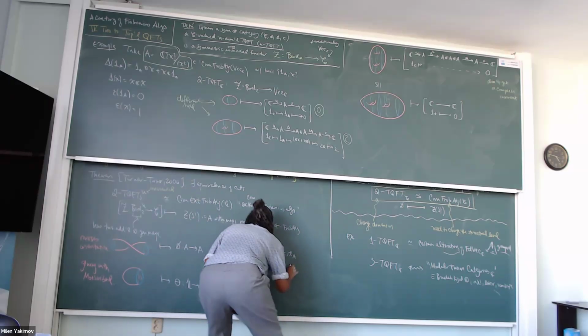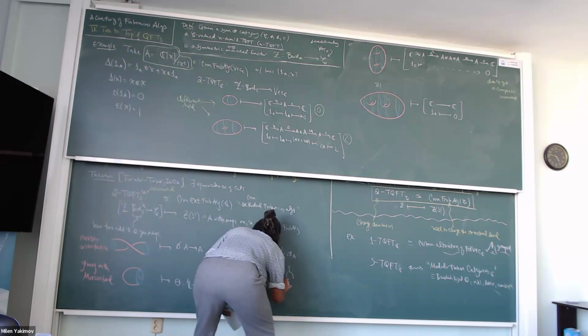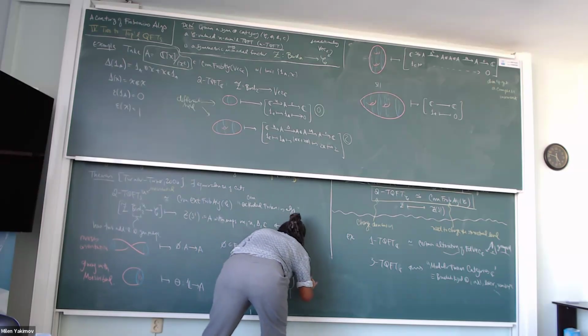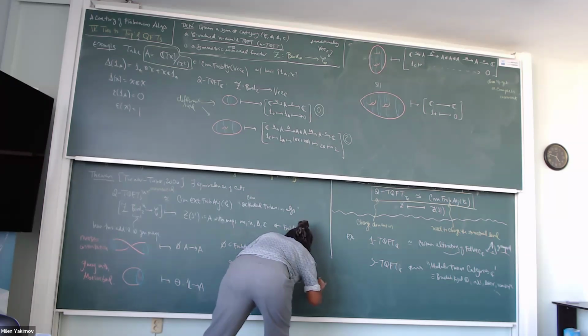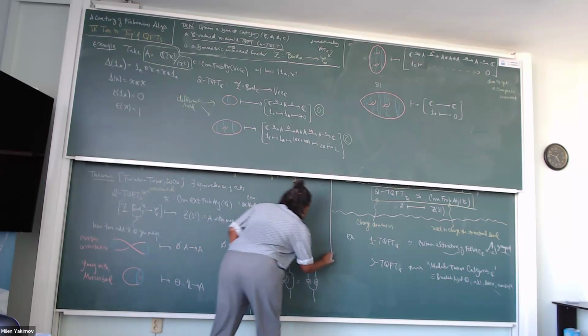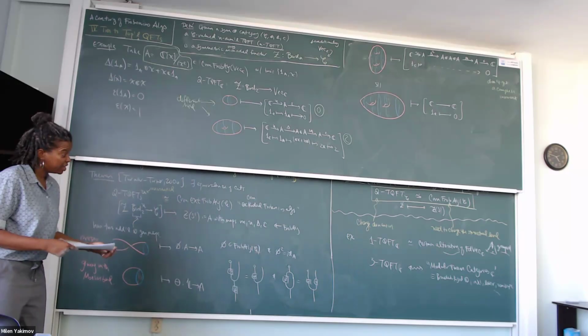And here, if I take the unit and co-multiply and apply phi, you get this map here. Theta. Theta. Okay, so those are the conditions. All right. So, are there any questions on this?